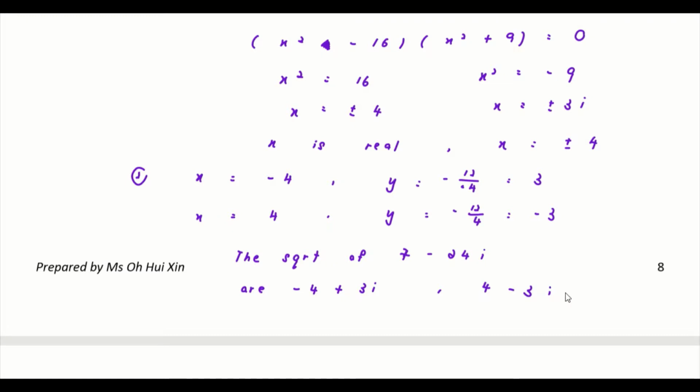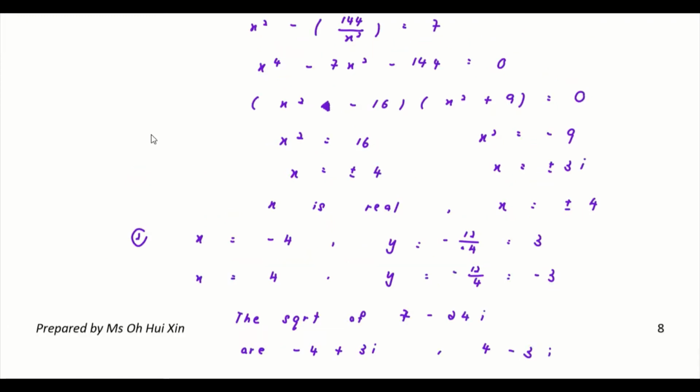So I think it's pretty simple. Just to show that you can actually check your answer, because these are the square roots, if you want to check your answer, then you just find the square. Let us try to check this one. If z equal to 4 − 3i, then this is the square root. So if we square it, we should be able to get 7 − 24i.